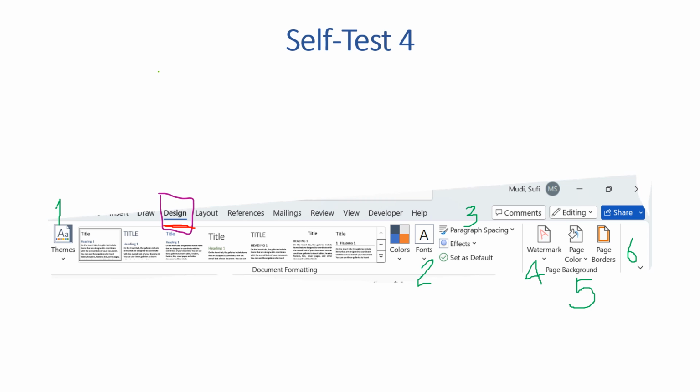So we have seen all these topics under part 4, which is design.